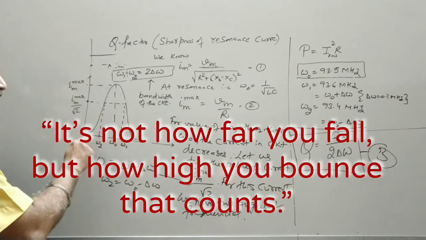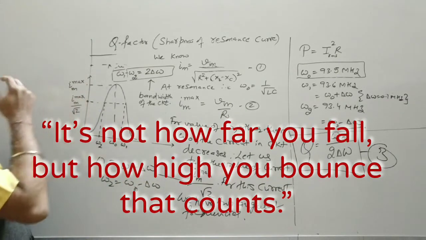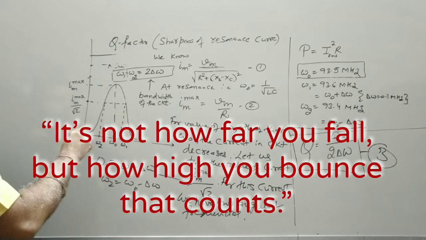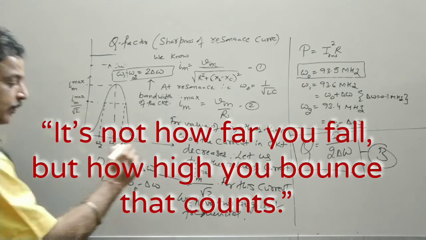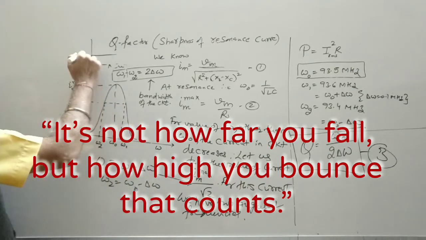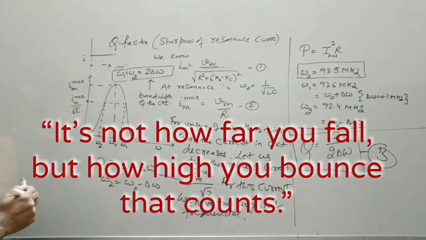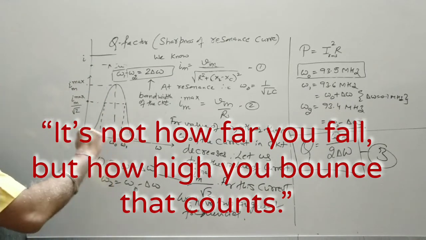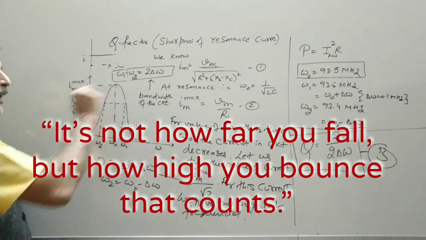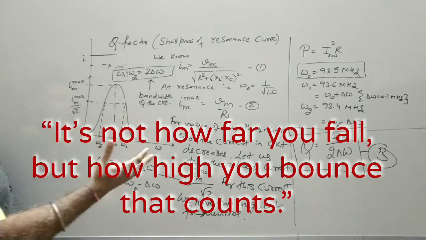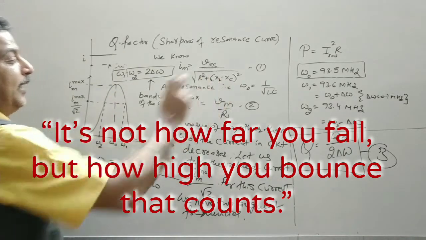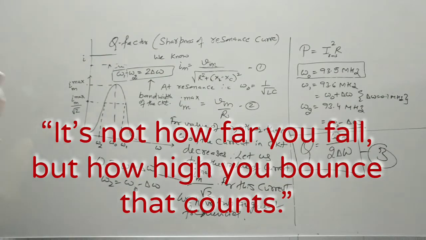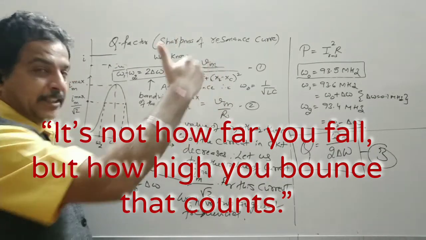We draw the graph of omega versus Im max, or omega versus I, and we have seen that as omega increases, the current also increases, because XL was increasing and XC was decreasing, and therefore the impedance of the circuit starts decreasing.